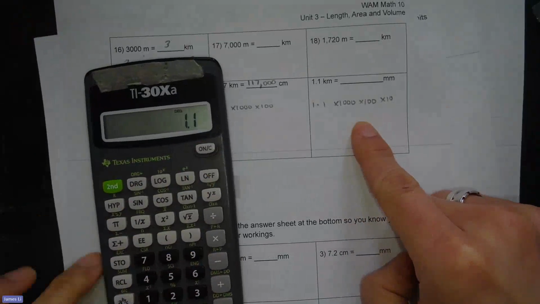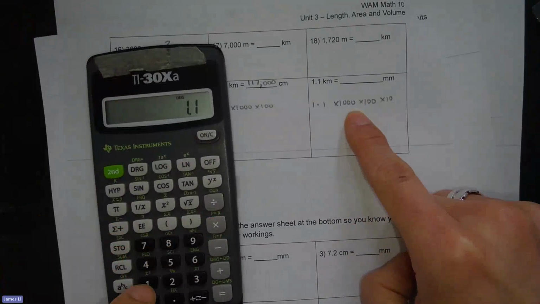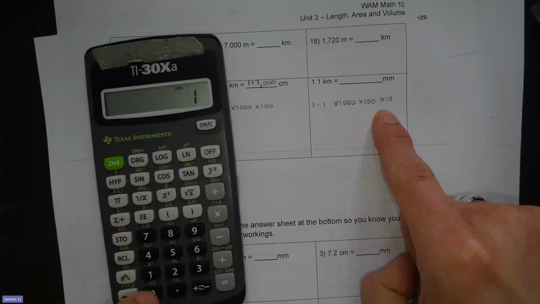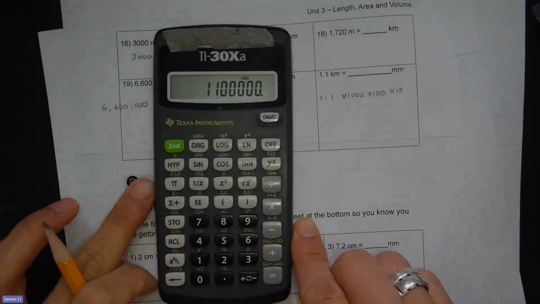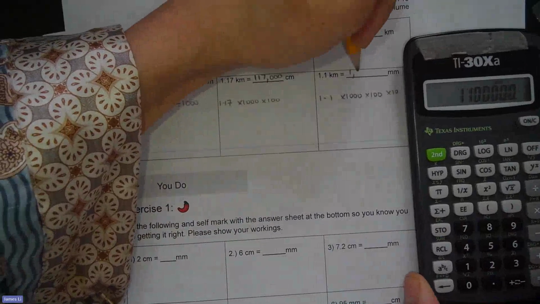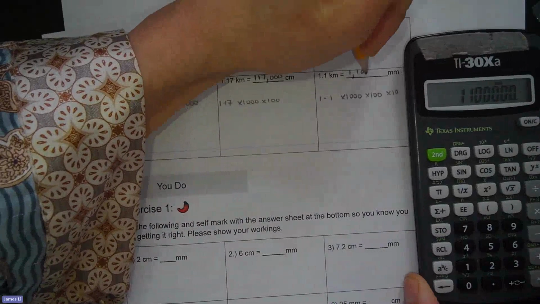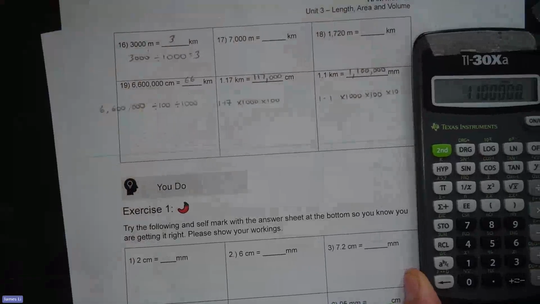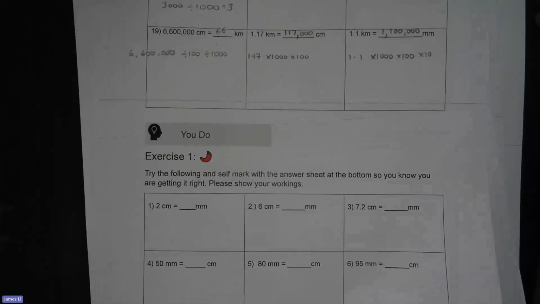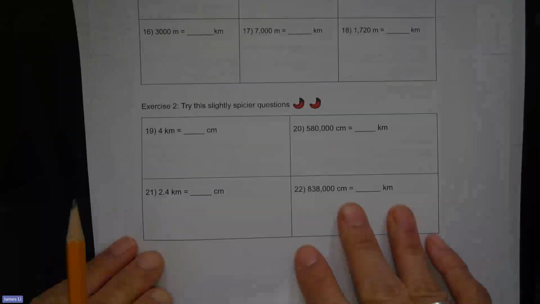Now I'm going to type it out on my calculator. 1.1 multiply by 1,000, multiply by 100, and multiply by 10. I get about 1.1 million. So 1,100,000 mm.